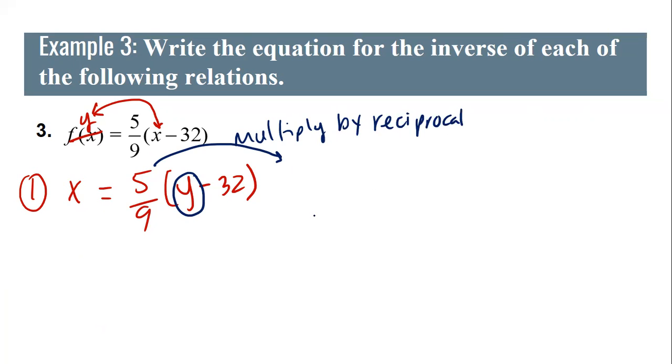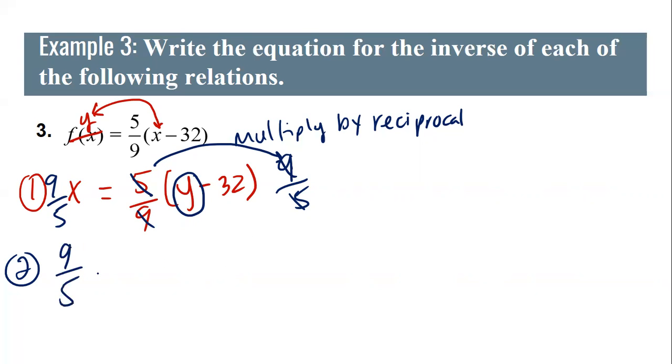Does anyone remember what a reciprocal is? You flip the fraction. So I multiply by 9/5. And what I do to one side, I have to do to the other. And what this does, it eliminates the numerator and denominator of the fraction, which just makes it into 1. And that's just Casper, the friendly one, so it goes away.